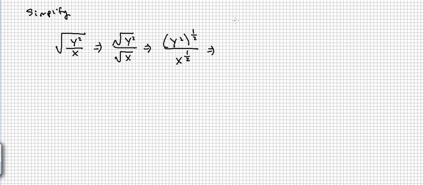This is going to go to y squared times 1/2 over x to the 1/2. This will be, well, x to the 1/2 can just be written as square root of x. We're not getting out of that one. But this one goes to 1, y to the first, which is just equal to y over square root of x. So there's some more simplification.